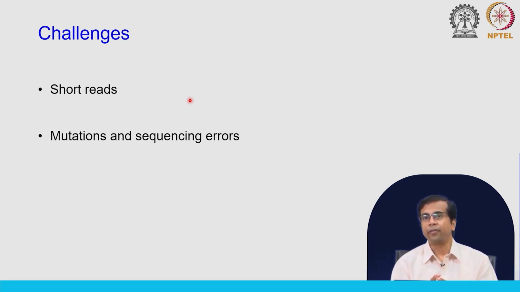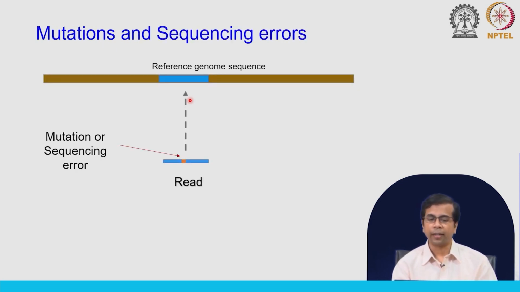Here, if you have a sequencing error, one of these bases will be changed to something else, and what you will see is there is no match, you probably will not find any match in the reference genome. So, there is no perfect match. This is something you would have to consider while you are doing the mapping. Any algorithm, any tool that does mapping will have to consider that there may not be a perfect match, and we would have to find the best match. Okay. So, this is again a challenge.